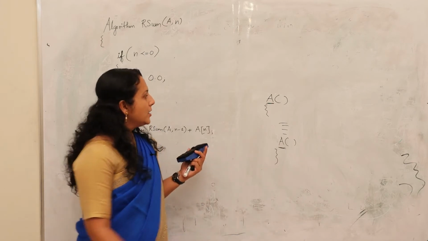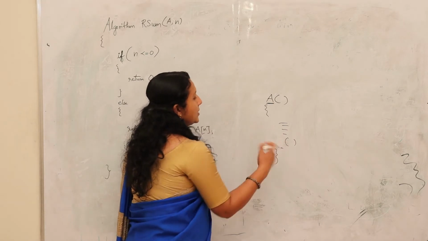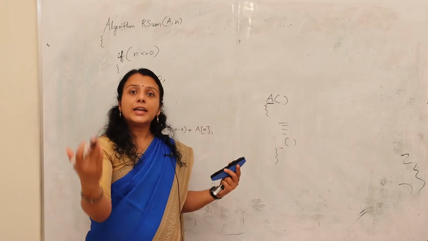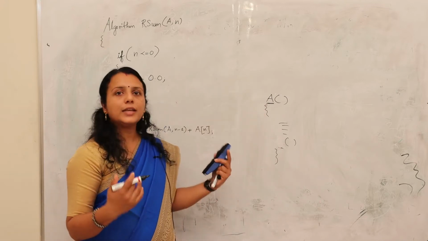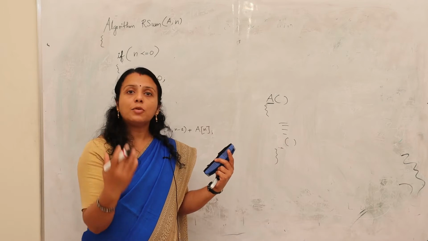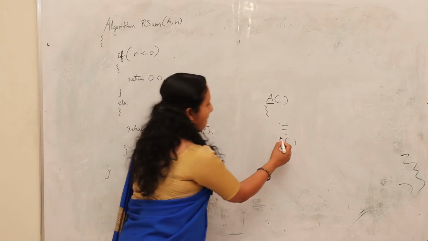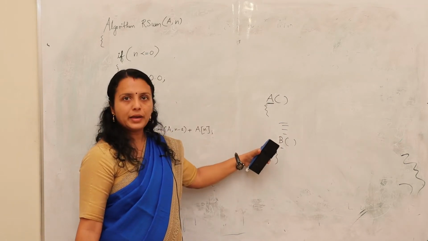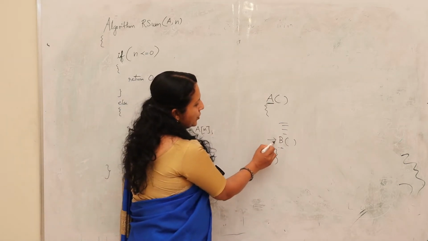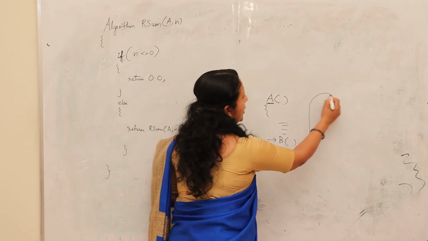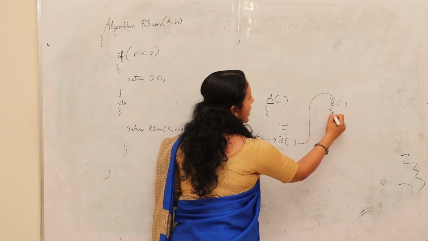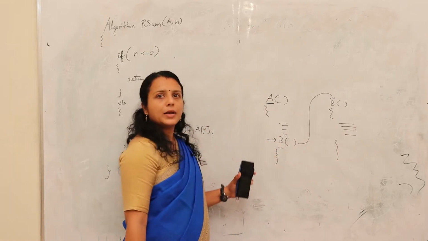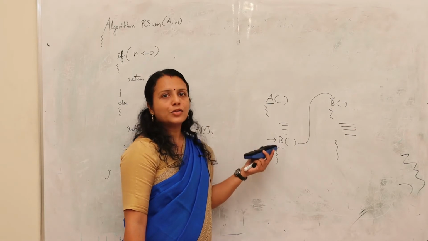Next is the indirect recursive function. Suppose this function A is calling another function, and the name of that function is B. So this function A is calling B. When control reaches this position, it is going to invoke the function B and execute all the statements present inside B. Hope you know the control flow.